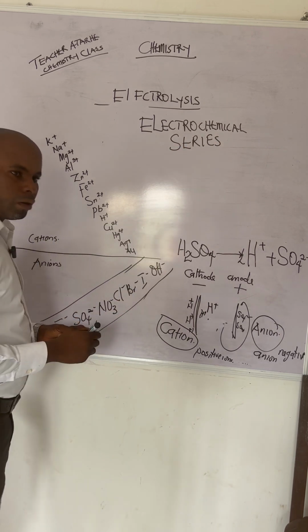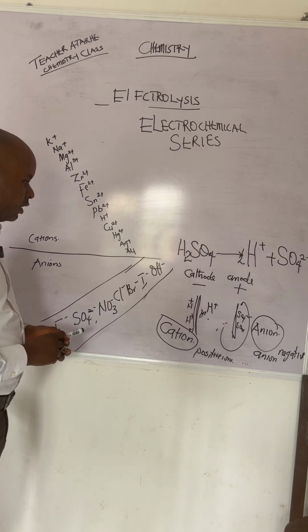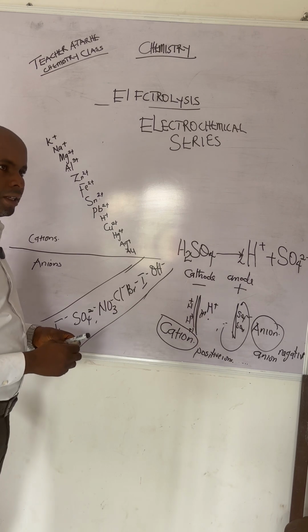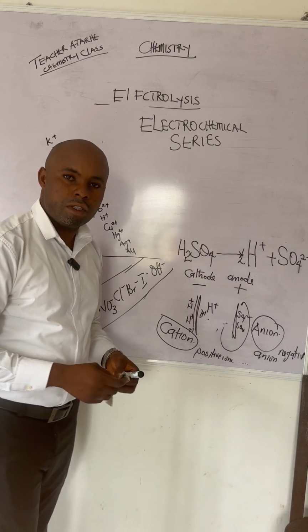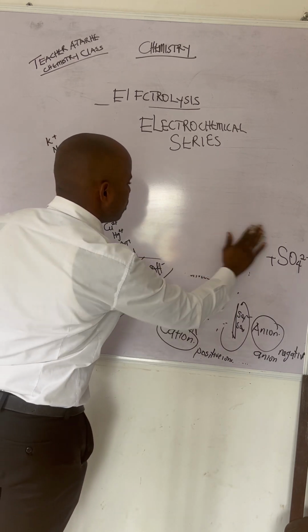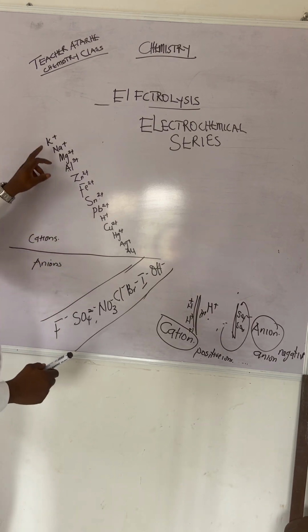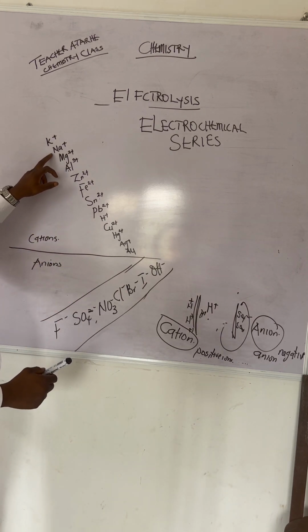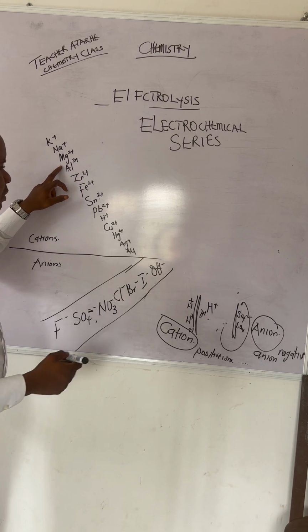For you to understand this topic properly, you must understand this table properly as a student, so as to know when a given reaction is possible and when it's not possible. This table shows us what is known as the electrochemical series. They are arranged according to their reactivity, how powerful they are.